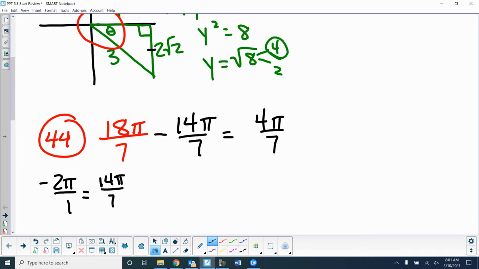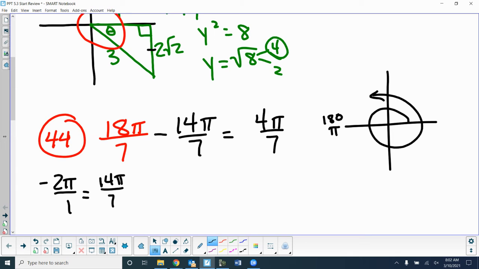Okay, and I did the picture. It went around to about there, that 18 pi over 7. So when I subtract the 360, or the 2 pi from it, that brings me there. That's the same angle. Those are the same spots. And I have to subtract that from 180, or in this case, pi.